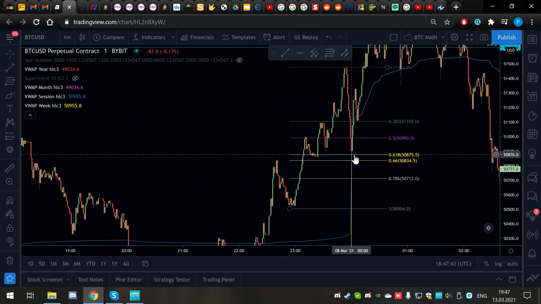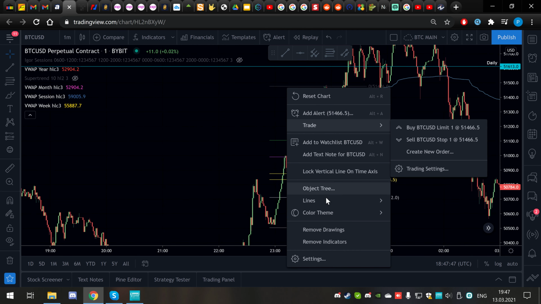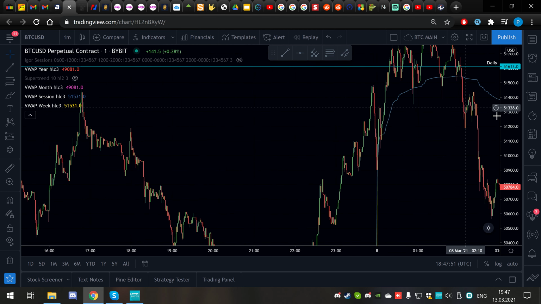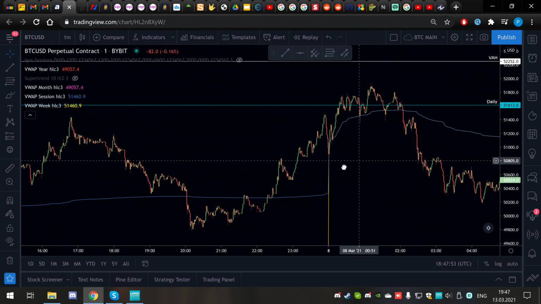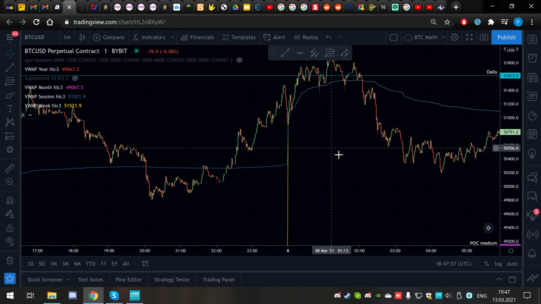So we reached the golden zone. It's again entry. Nice. So this is how it's working so well on 1 minute.